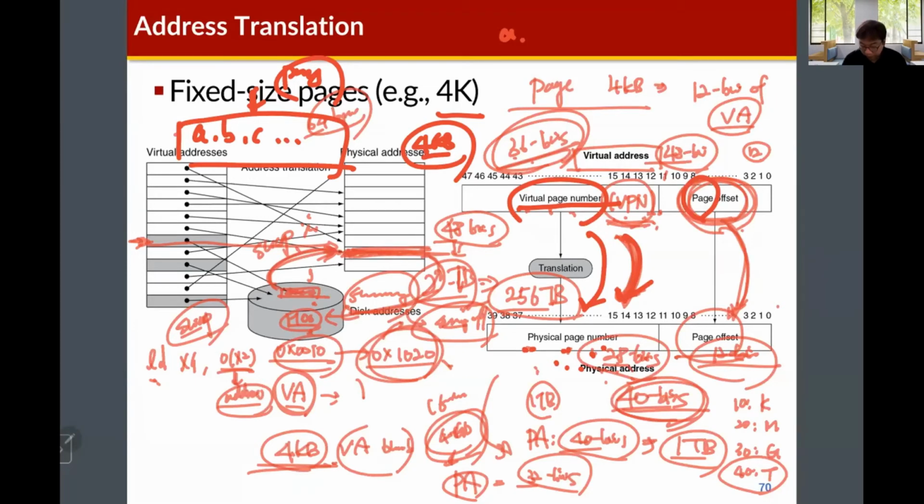The address inside of a page is called the page offset. This page offset is directly copied to the page offset of the physical address. So we only translate the virtual page number to the physical page number.